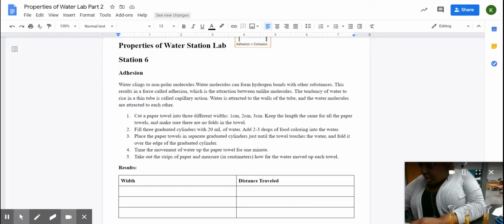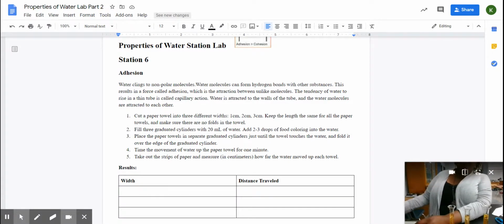And I actually have to make a correction for the 2 centimeters because I didn't see that all the way up there. It was actually about 10.5 centimeters. So the 1 centimeter was 11.7, 2 centimeters was 10.5, and 3 centimeters was 9.5.